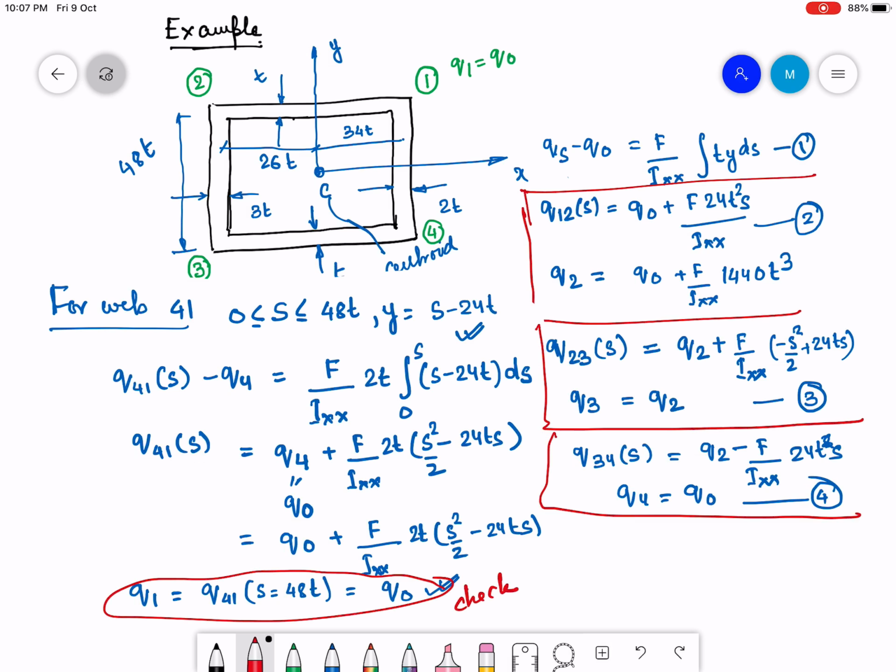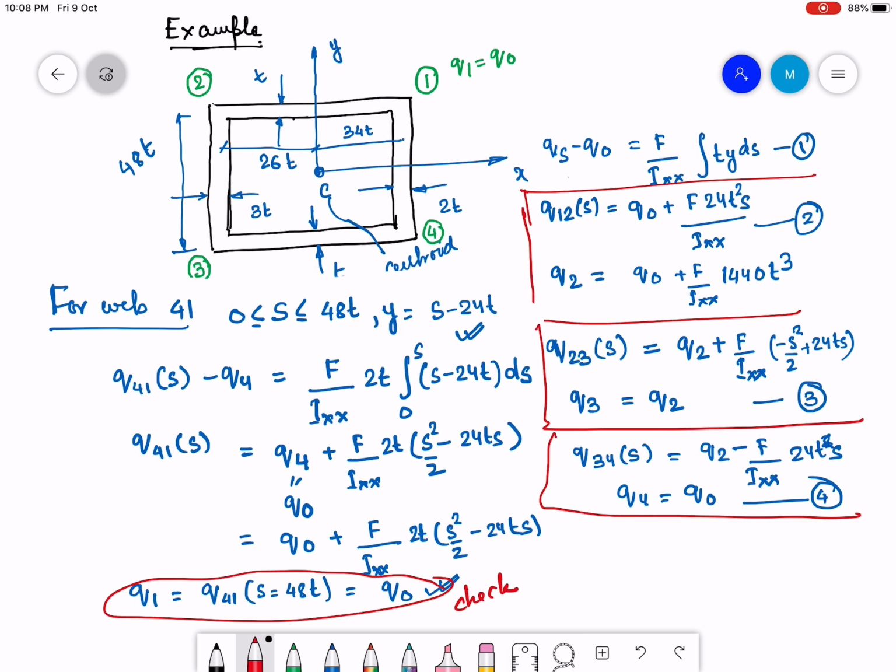because I have started with Q1 equals to Q0, right, and eventually after going through the entire cross section, I am again being able to find out that Q1 equals to Q0. So that is a check to see that all the calculations that you have done before this to arrive at this point are correct.